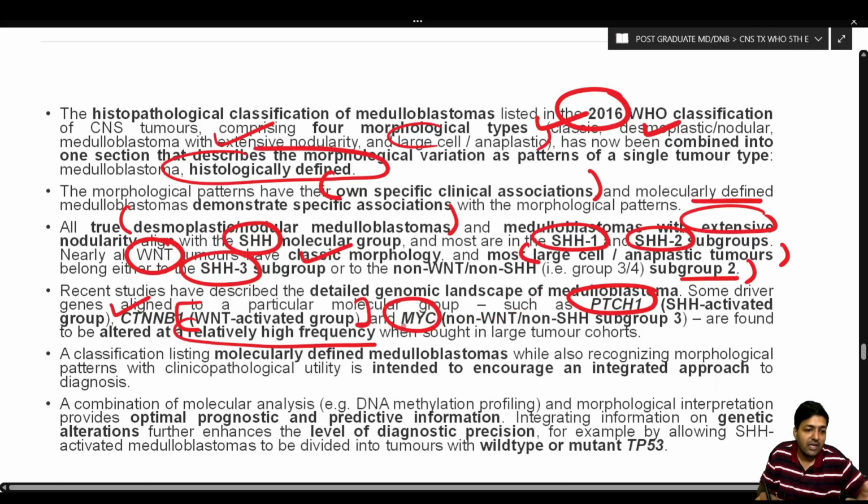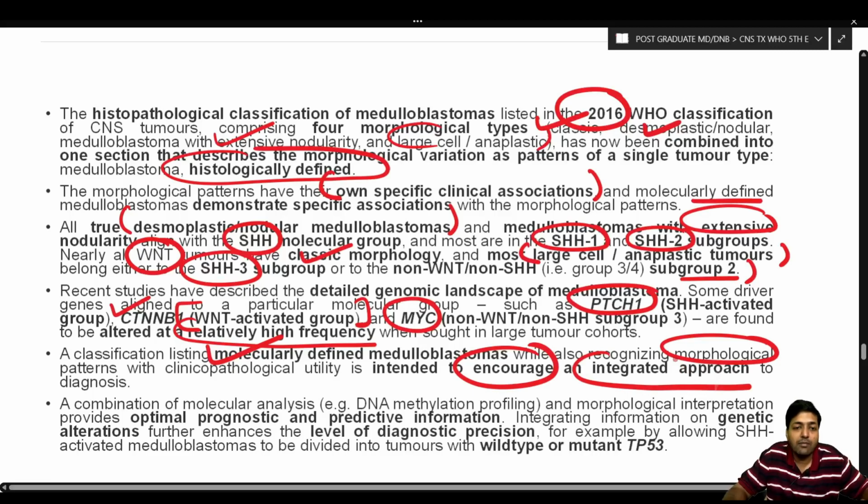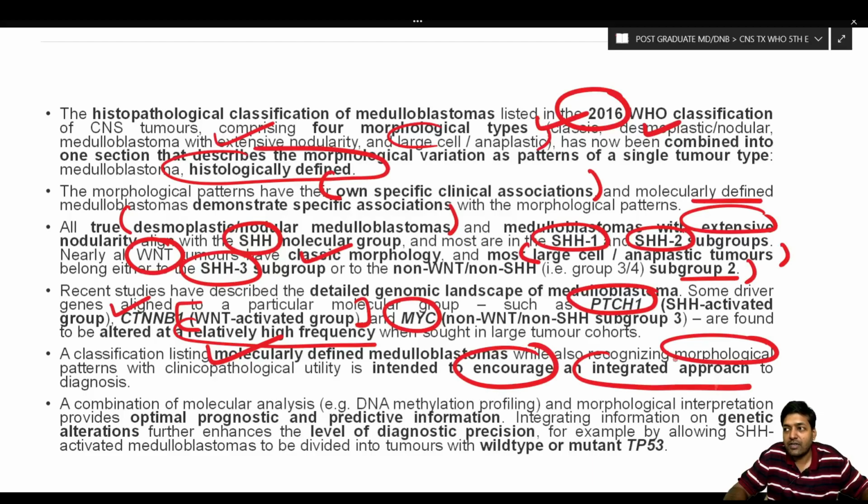A classification listing molecularly defined medulloblastoma while also recognizing morphological patterns with clinicopathological utility is intended to encourage an integrated approach to diagnosis. So now comes the role. Some histological diagnoses can also be associated with a molecular diagnosis, and therein we have to write both the molecular diagnosis as well as the histological diagnosis, and then an integrated diagnosis combining both of them.